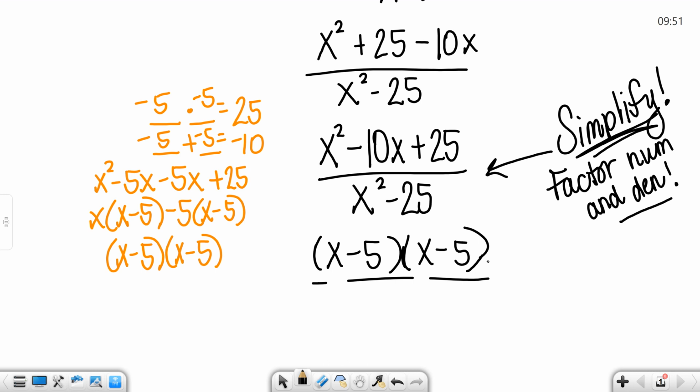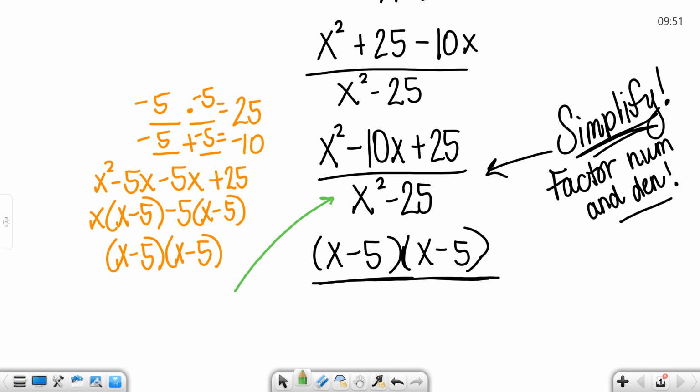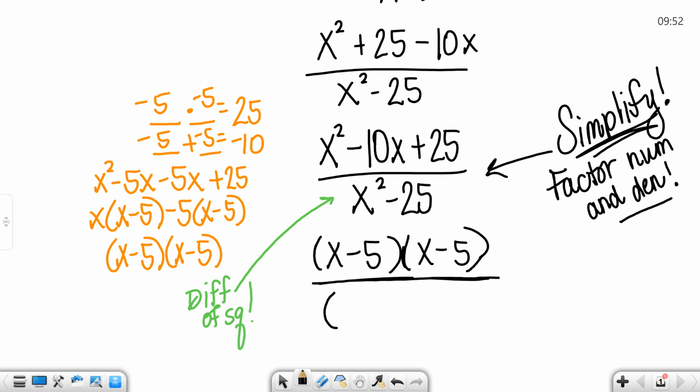Now, we would typically write that as x minus 5 squared. We're trying to simplify, so I'm going to leave it multiplied by itself. The denominator, hopefully, you recognize is difference of squares. Okay, difference of squares. So, the square root of x squared is x. The square root of 25 is 5. One gets a plus and one gets a minus.